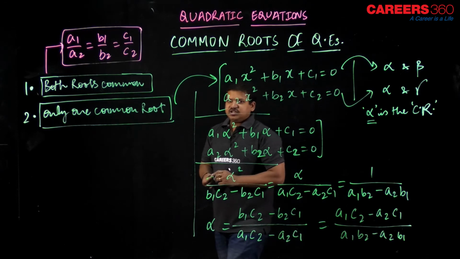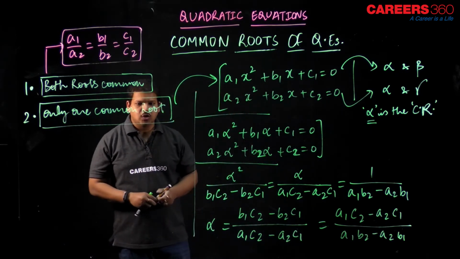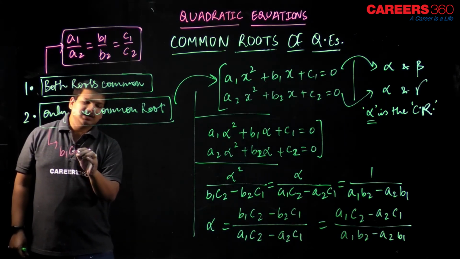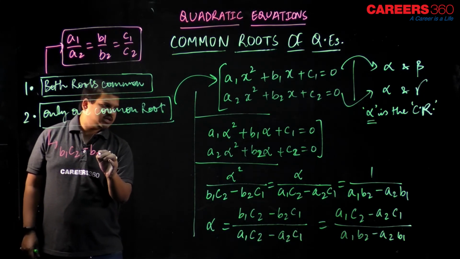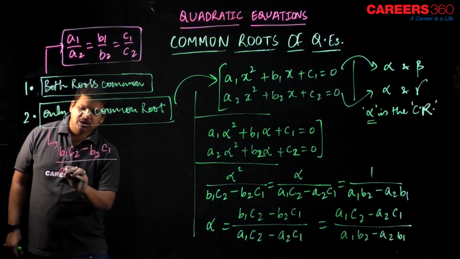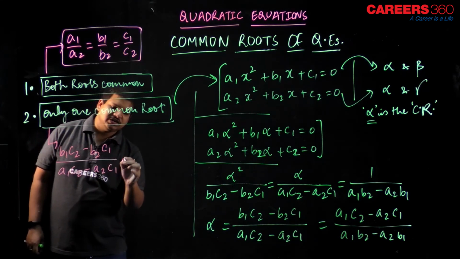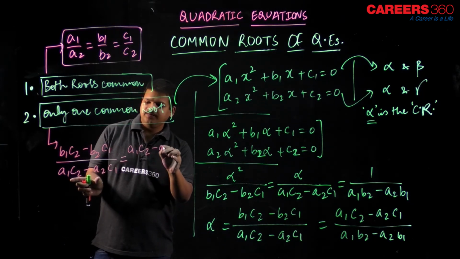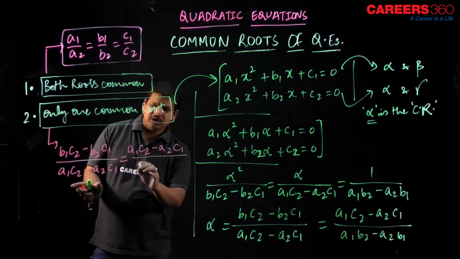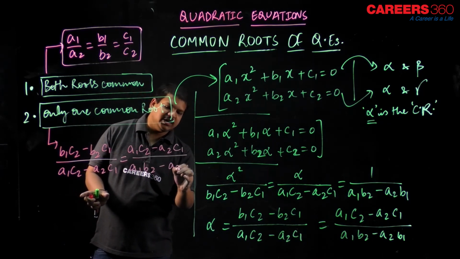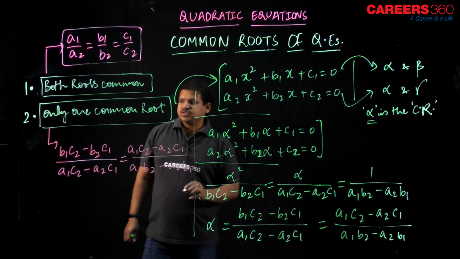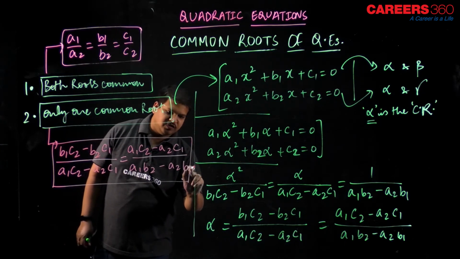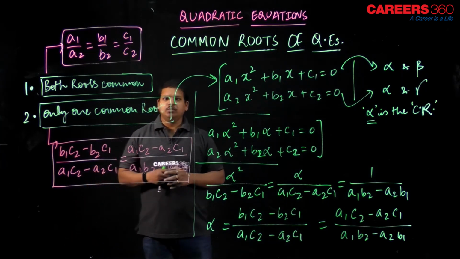So I have achieved the necessary condition if one of the roots is common, and that is b1 c2 minus b2 c1 upon a1 c2 minus a2 c1 should be equals to a1 c2 minus a2 c1 upon a1 b2 minus a2 b1, right? So this will be the necessary condition if one of the roots should be common.